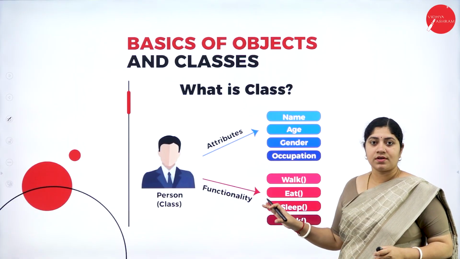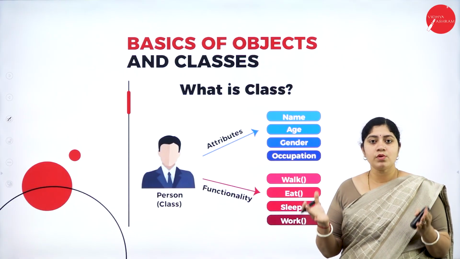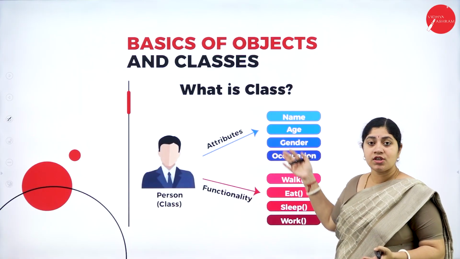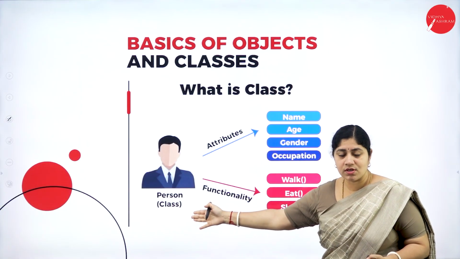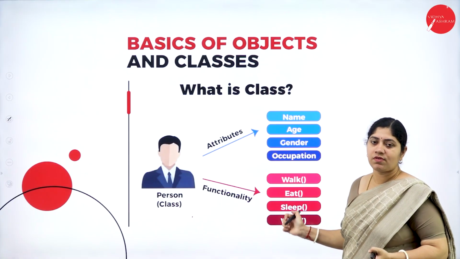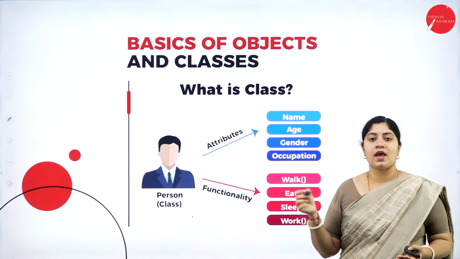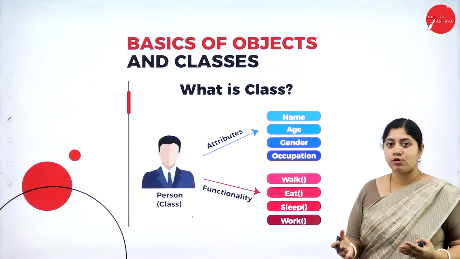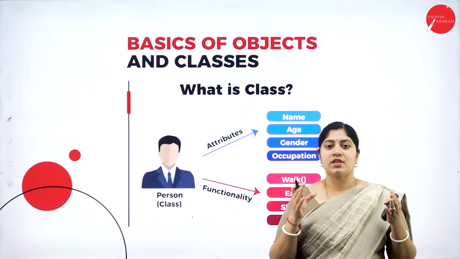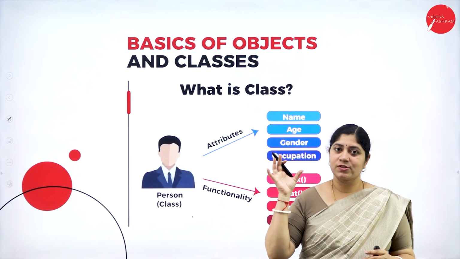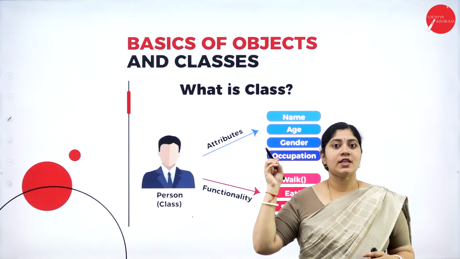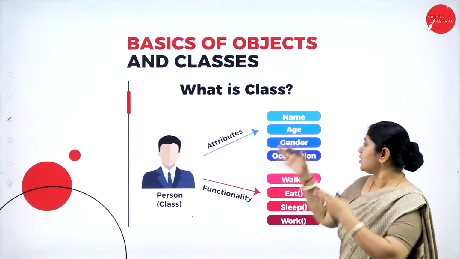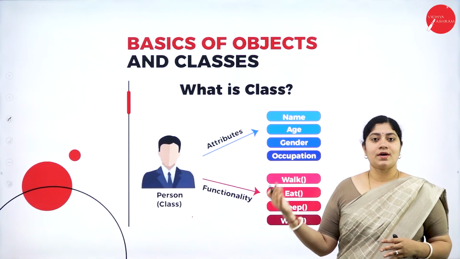So this behavior can be considered as a blueprint to form an object, isn't it? Blueprint, in the sense, it gives us the information regarding this person, and by using this information we can easily create an object. That's the main thing that I wanted to explain to you, that the main difference between the class and the object is that an object comes as a behavior or an instance of a class, but a class is nothing but a blueprint or a template for creating an object.